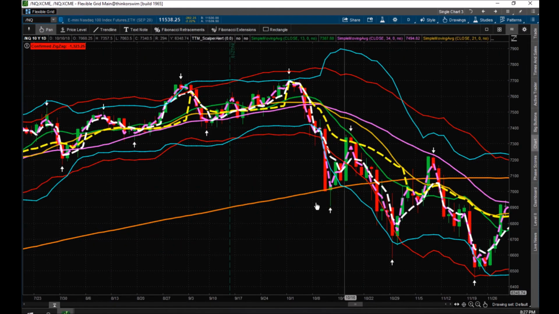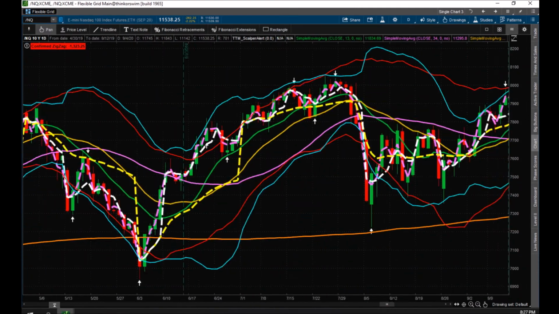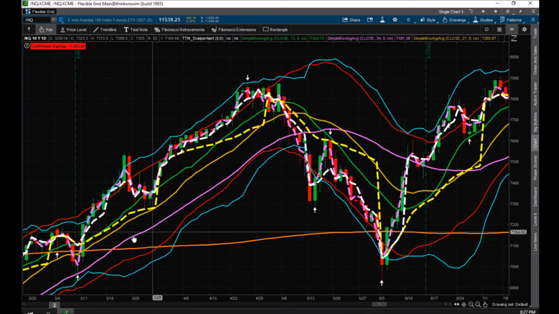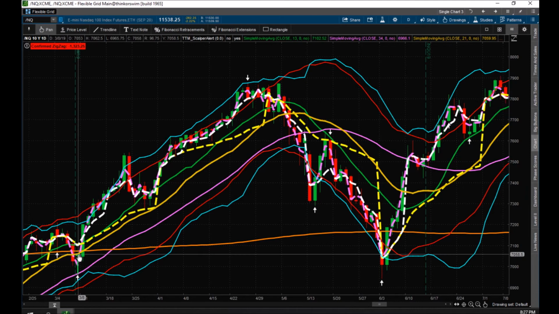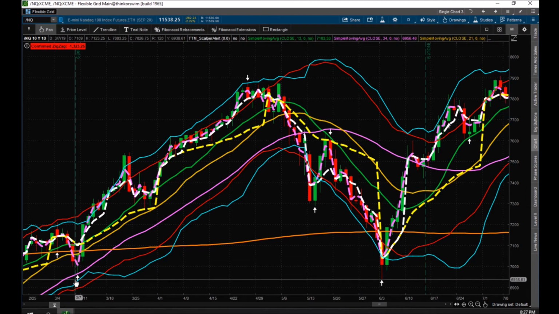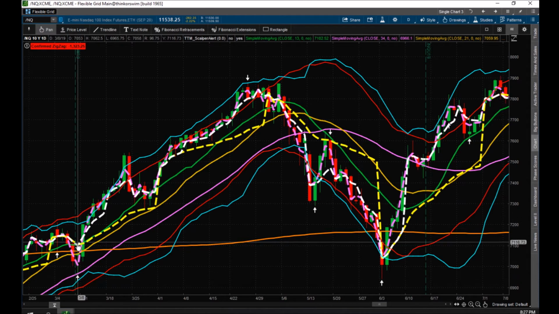And this is 2018. That's the drop of 2018. As you see, it came back to the orange line, the 200. Here is 2019 in March.